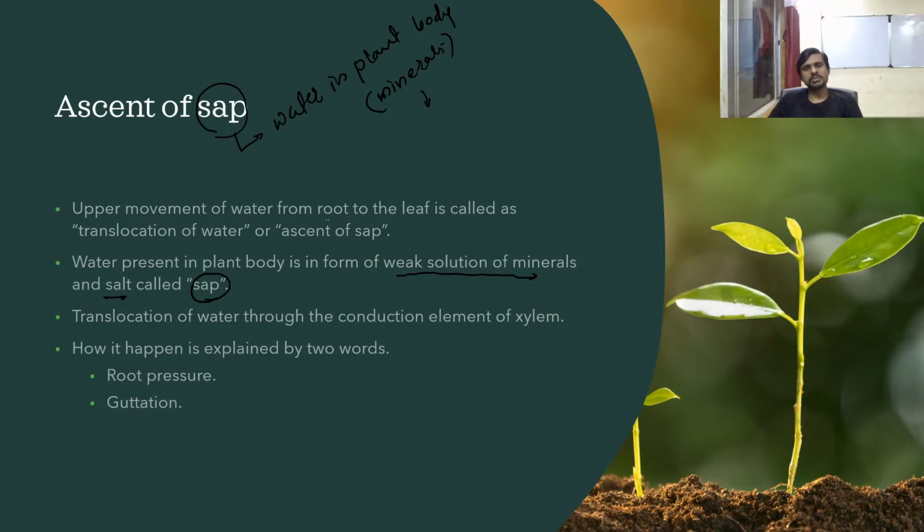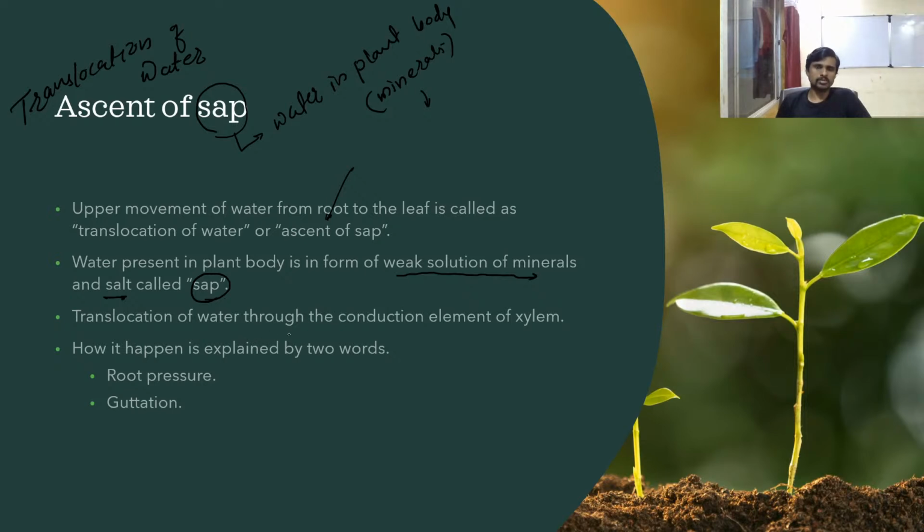So what is meant by ascent of sap? The upward movement of water from root to leaf is called translocation of water, or the second name is ascent of sap.